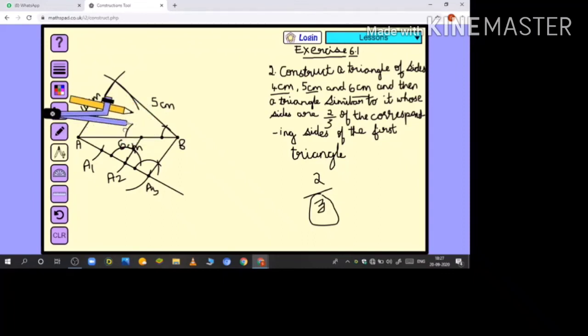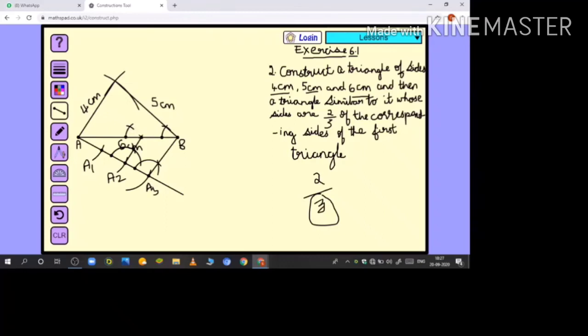Take the same arc length and cut the arc drawn from B dash, so that it intersects the initially cut arc. You get a point there.